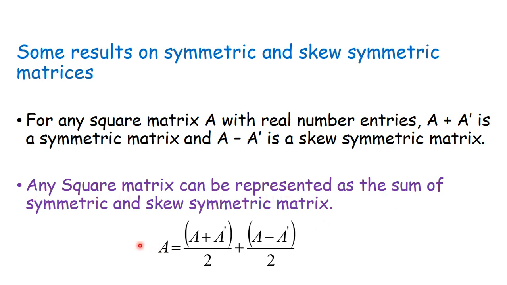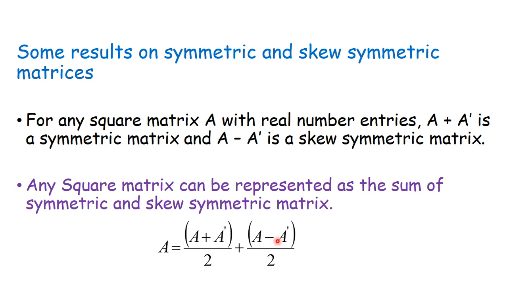Another important result on symmetric and skew symmetric matrices is that any square matrix can be represented as the sum of symmetric and skew symmetric matrices. So if A is a square matrix, then that square matrix can be written as a sum of symmetric and skew symmetric matrix. Just we have shown that if A is a square matrix, then A plus A dash will be a symmetric matrix. And if I multiply this matrix by a scalar 1 by 2, again this will be a symmetric matrix.